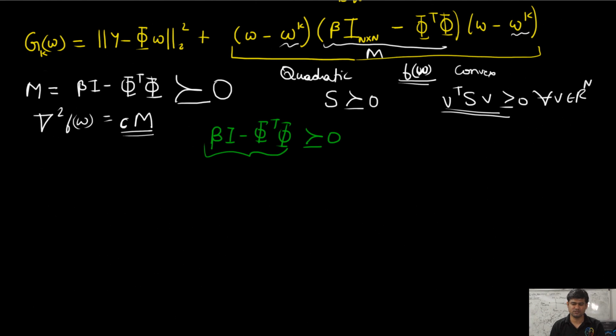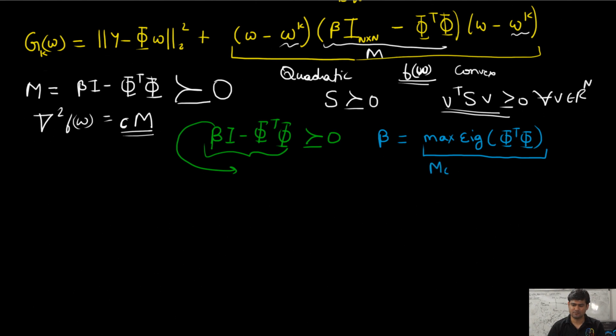And this matrix would be positive semi-definite if we select beta equal to the max eigenvalue of phi transpose phi, where max eigenvalue of phi transpose phi denotes the maximum or the largest eigenvalue of this matrix phi transpose phi.